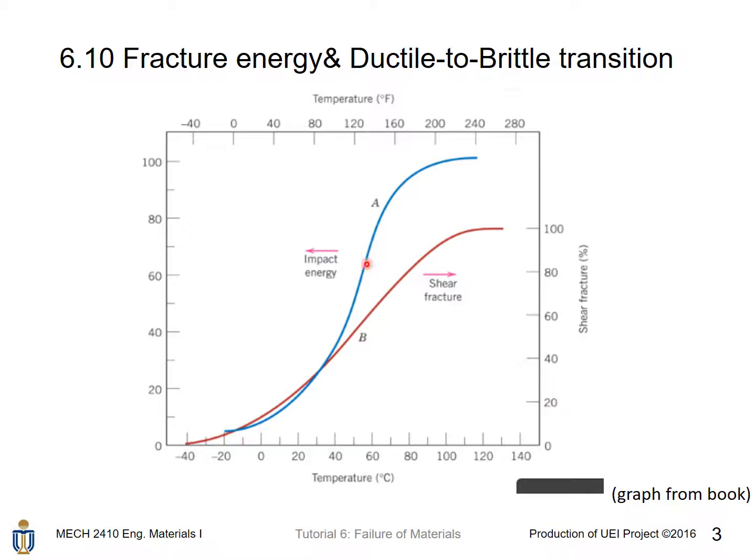As you can see, there is a similar or comparable trend between these two. Basically, some materials experience a ductile to brittle transition with respect to temperature. When the temperature is high, they become more ductile, their fracture energy is larger, and their failure mode becomes ductile fracture. And the reverse is also generally true.